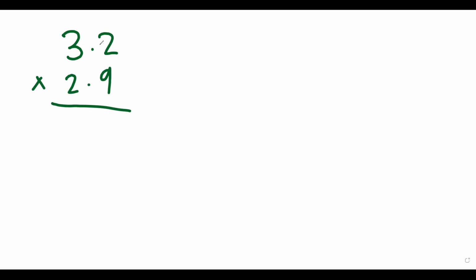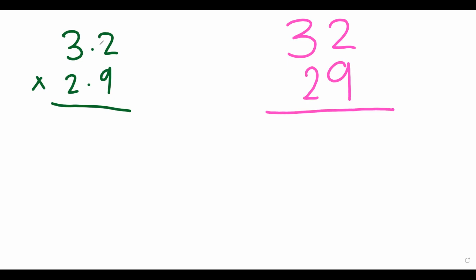So it's going to be 32 and 29. Take the numbers without the decimal point. Then next, I will multiply the numbers together. 2 times 9, it's 18. So I will write 8 down.